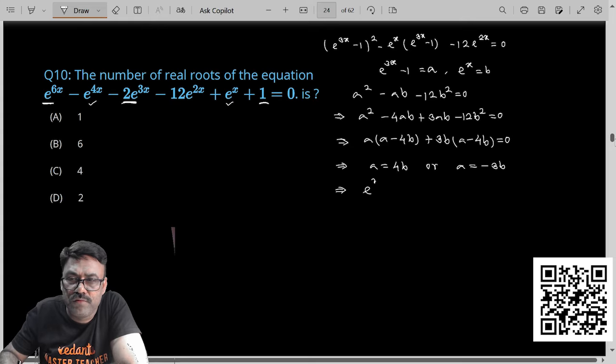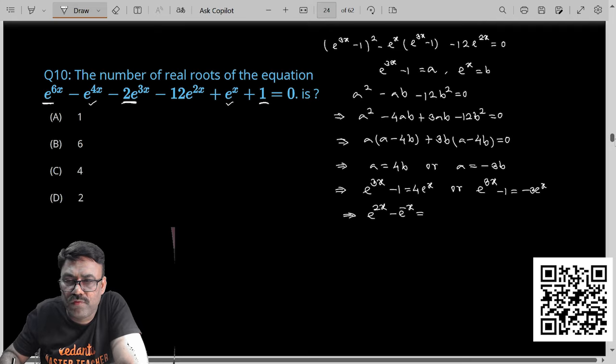A is e raised to 3x minus 1, 4B is 4 e raised to x. Or e raised to 3x minus 1 equals minus 3B, minus 3 e raised to x. If I divide both equations by e raised to x, I will get here e raised to 2x minus e raised to minus x is equal to 4.